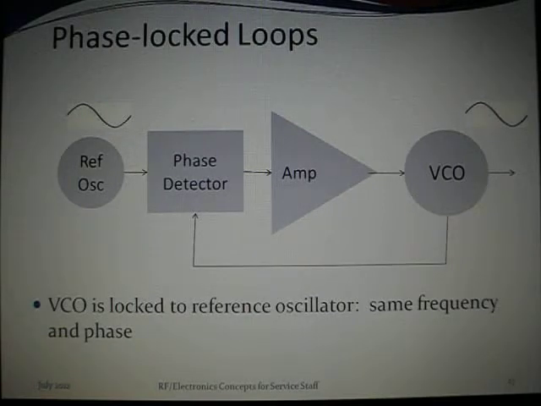In its simplest form, the VCO signal is compared to the reference oscillator signal, and any difference between the two signals is filtered, amplified, and applied to the VCO as a tuning voltage. The VCO is then tuned in the direction that reduces the difference to zero. At that point, the VCO is locked to the reference oscillator.